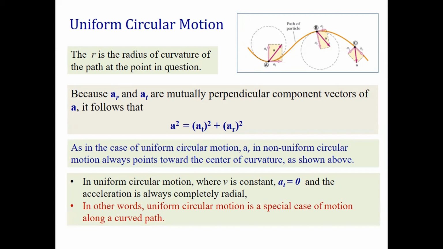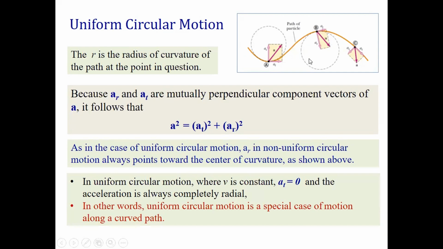For example, in this figure, points A, B, and C are shown. Because a radial and a tangential are mutually perpendicular to each other, as we can see here, the tangential component and the radial component are perpendicular. So a_R, in a non-uniform circular motion, is always pointing towards the center of curvature.